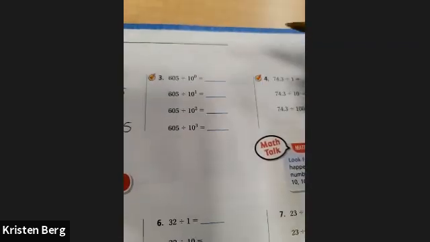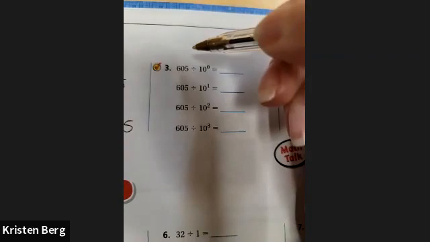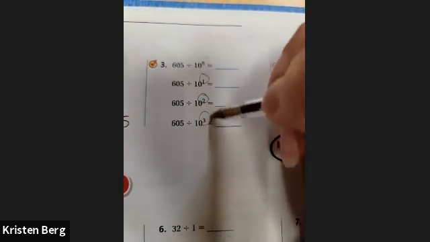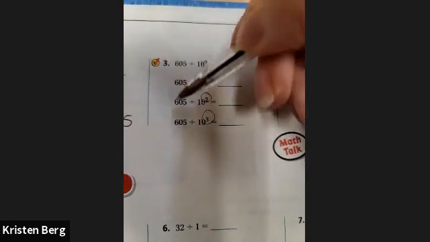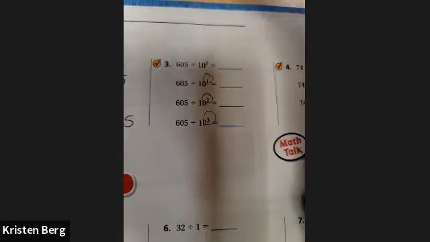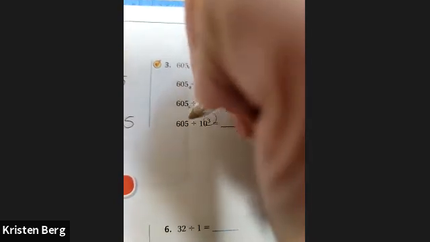Okay, next one. Still the same thing. It's just giving us our decimal. Our exponent is going to tell us how many places we're going to be moving it. But where does the decimal start on this? Remember, if it is not given to you, your decimal is always at the end of that number.